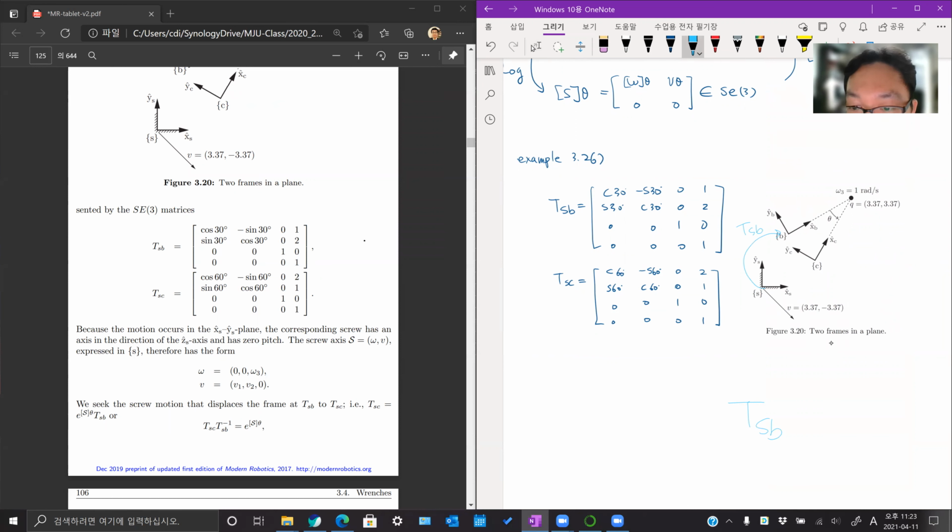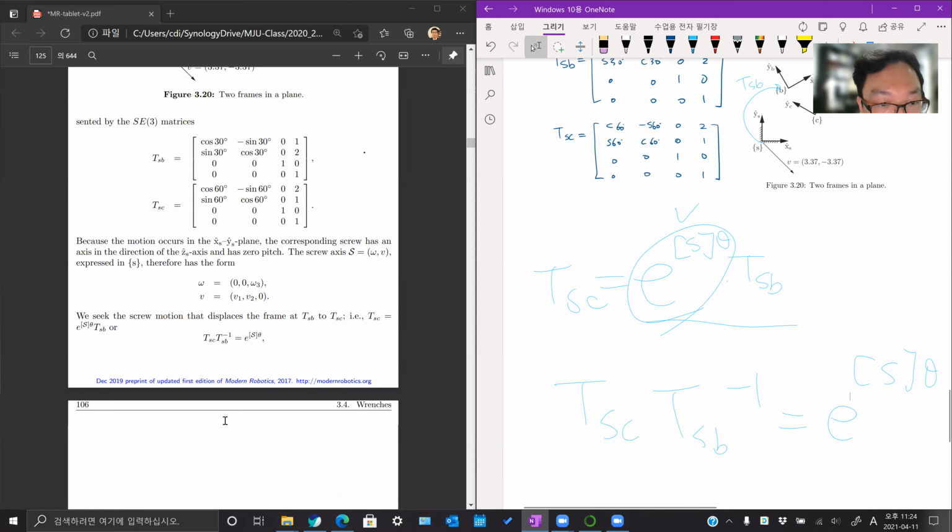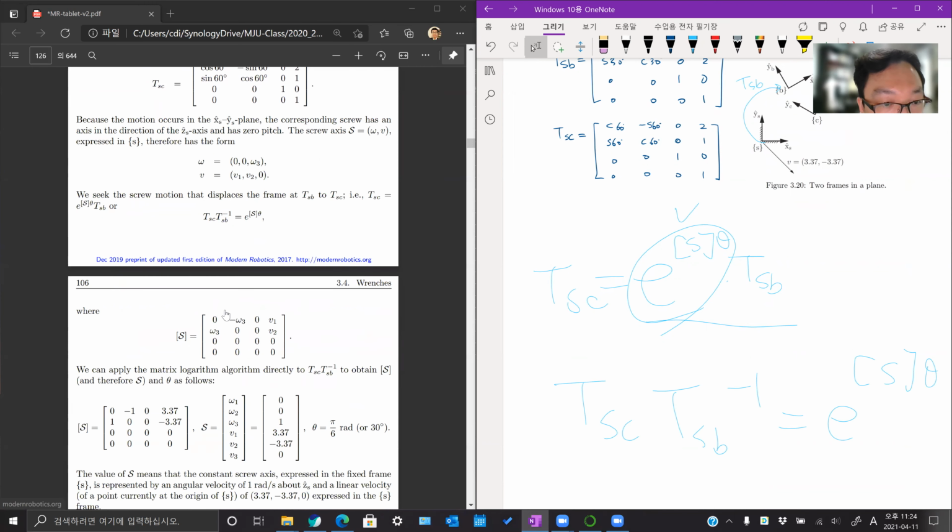We define some screw motion here, and we pre-multiply it before T_SB. Then it becomes T_SC. So we want to find this one. What is this one? In this case, we can calculate T_SC, T_SB inverse, the exponential, etc.